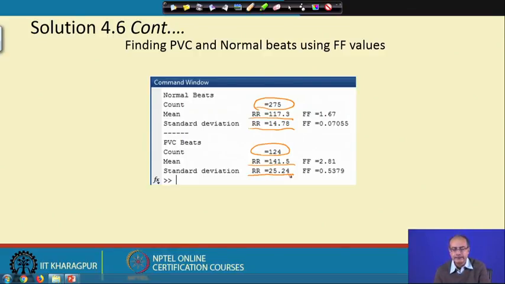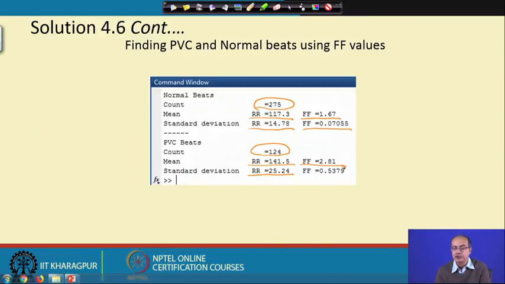Next, we look at the FF value. The FF value for the normal cycle average is 1.67, and the standard deviation is very small, in the second decimal place. But for the PVC, the FF value is much higher, the mean is 2.81.